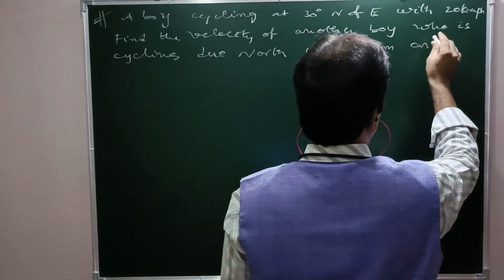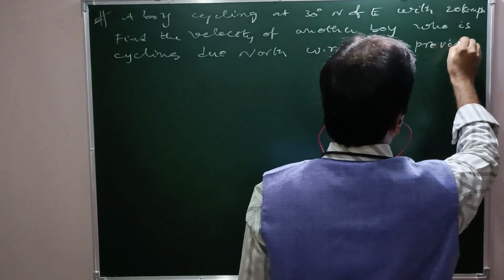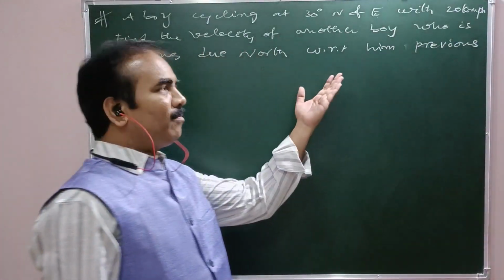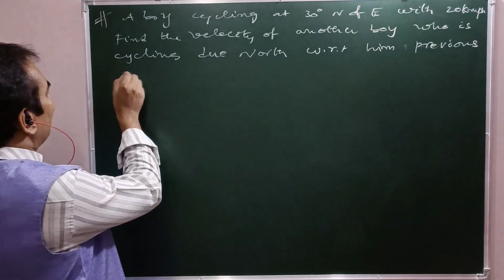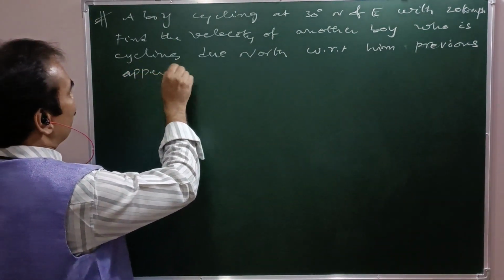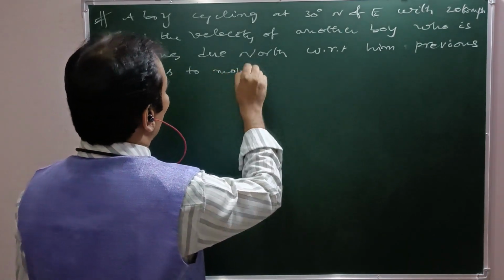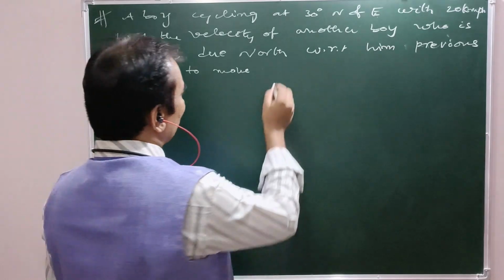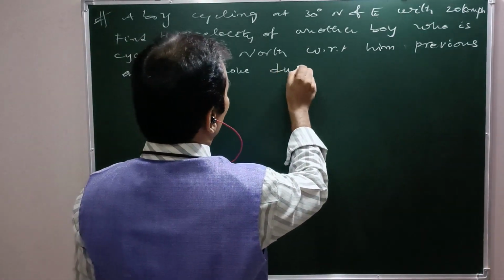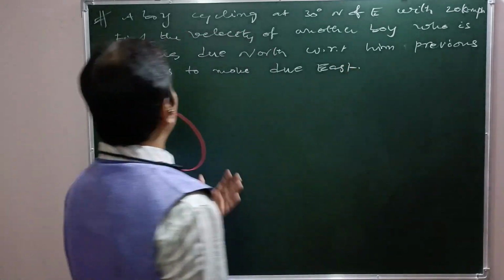Another boy means, with respect to him, the previous boy, with respect to him, the previous boy appears to move due east. Right? This is what is given in the question.